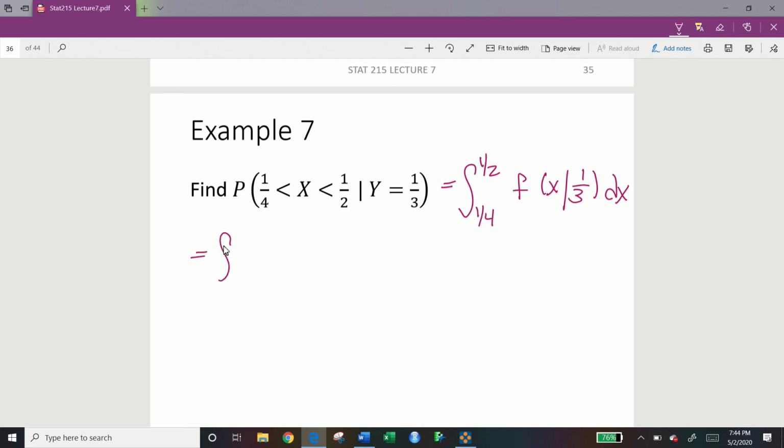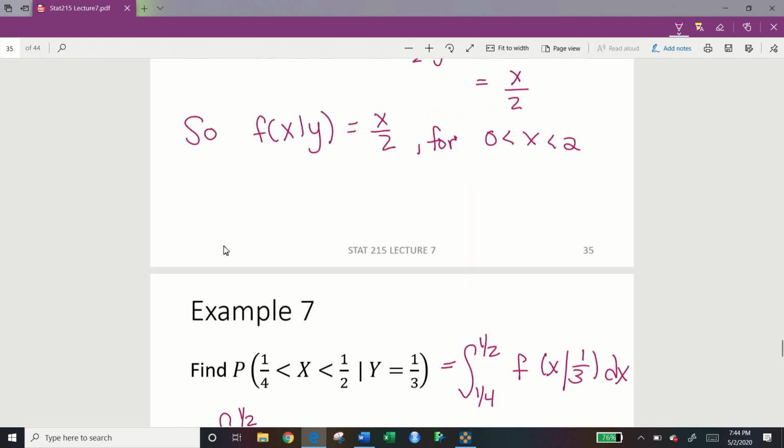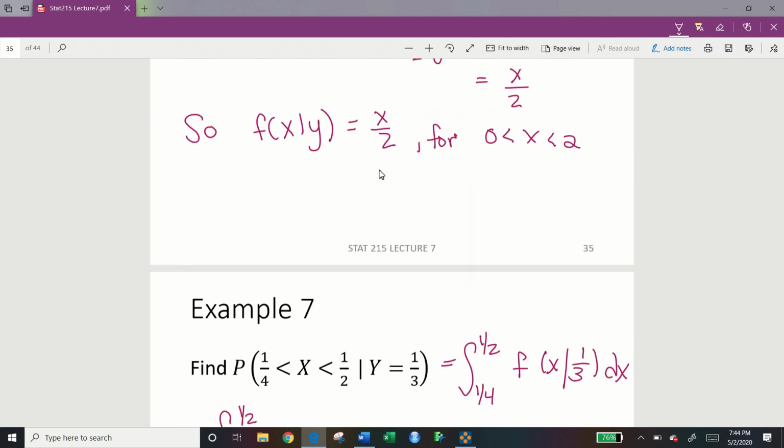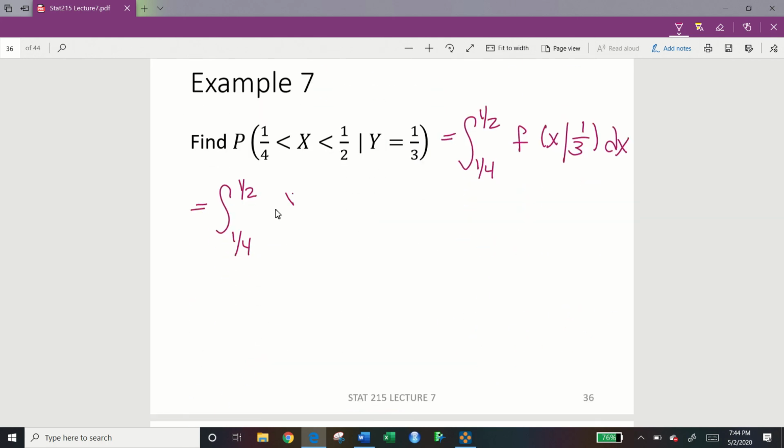Plugging in, this will be 1/4 to 1/2. Remember, f of x given y is x over 2. And remember, since this doesn't depend on y, this makes this problem a lot easier.